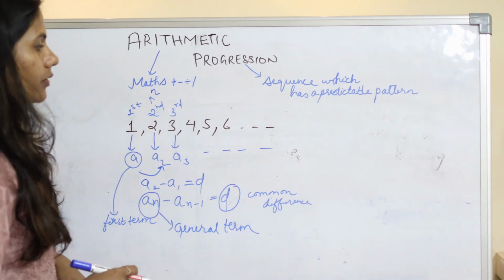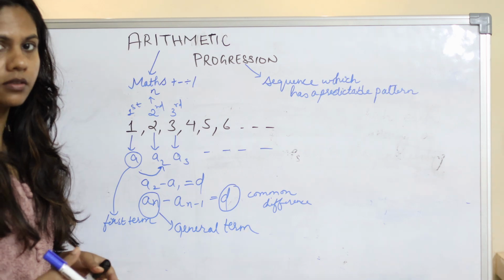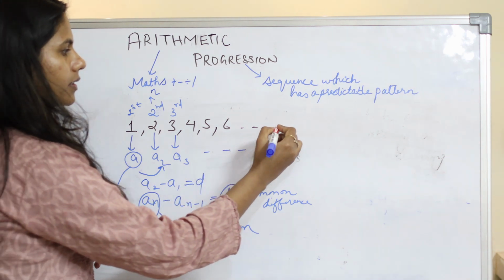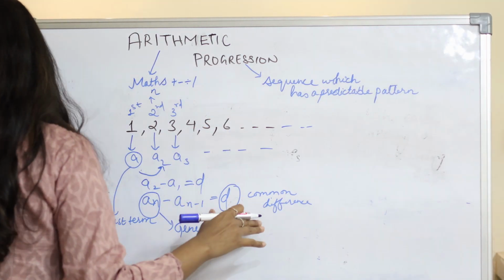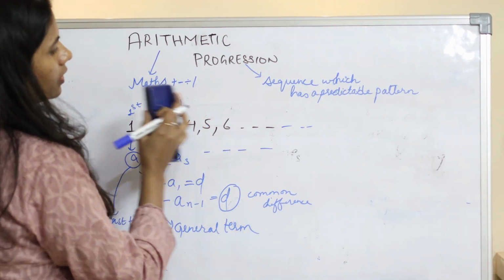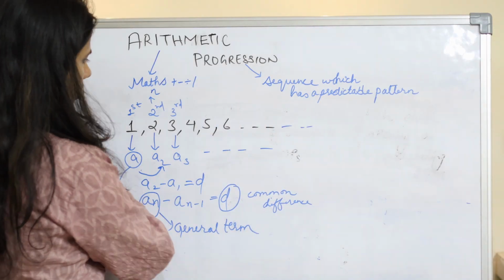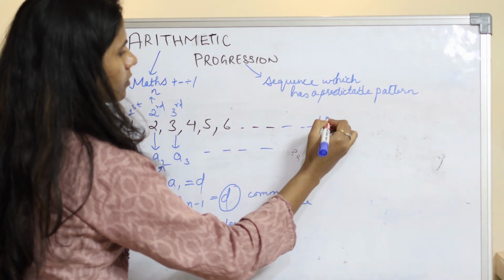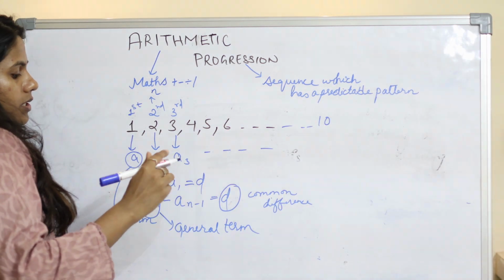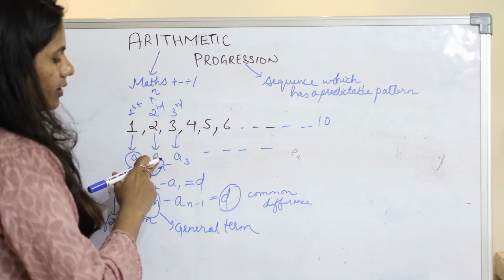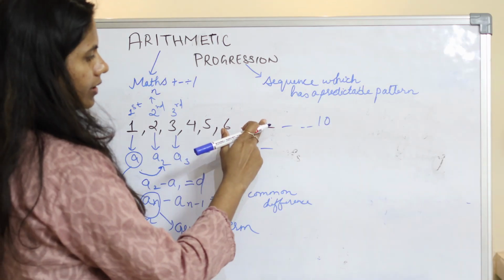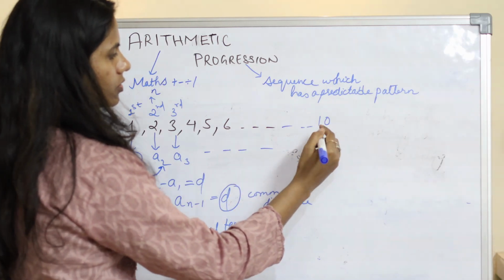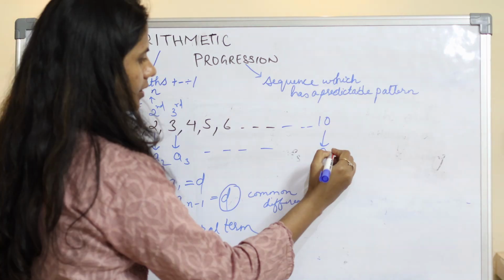Now, if it is a finite series, in that case we know that this is the last term. For example, for this series, let's say we are ending it at 10. So this one is A1, this is A2, A3, A4, A5, A6, A7, A8, A9, A10. So this will be A10.